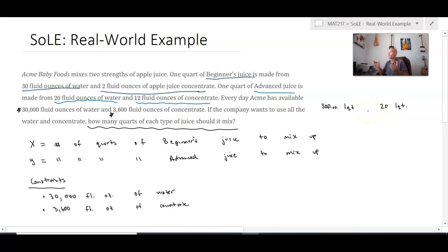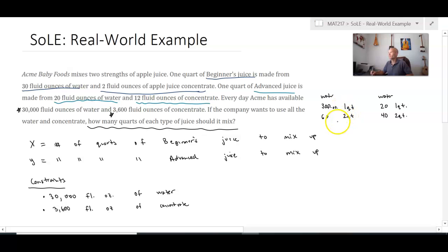The water is going to come from a combination of how much beginner's juice and how much advanced juice we make. If we had 2 quarts of beginner's juice, then we would need 60 fluid ounces of water. And if we had 2 quarts of the advanced juice, we would need 40 fluid ounces of water. So this is the amount of water we need. And already we can see that the amount of water we need is going to be a multiple of the number of quarts we produce.